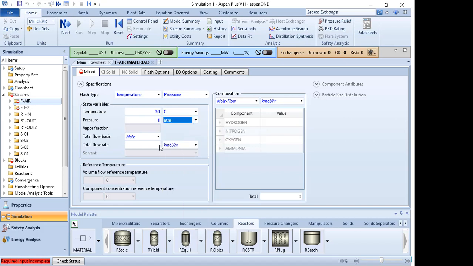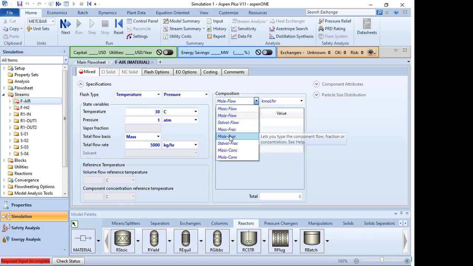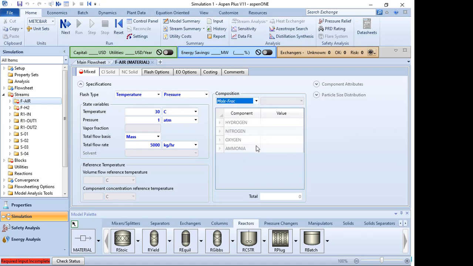And also the flow rate is 5,000 kilogram per hour. While for the composition, you can change this one into mole fraction. The mole fraction is 0.79 of nitrogen and 0.21 of nitrogen. While for the hydrogen flow rate, the temperature and pressure are the same, which is 30 degrees C and also 1 atm.